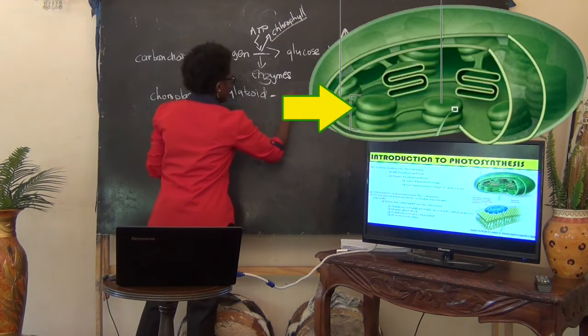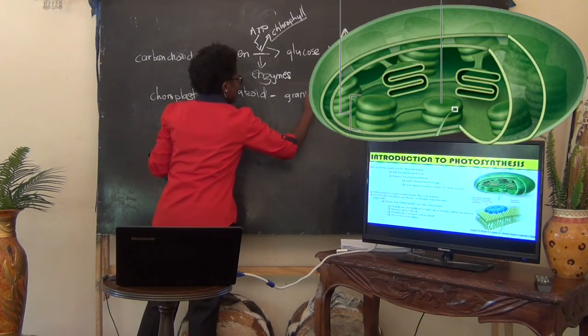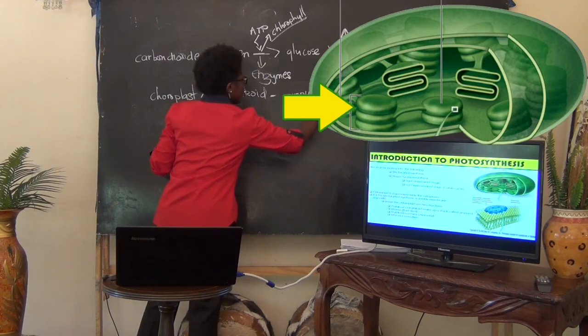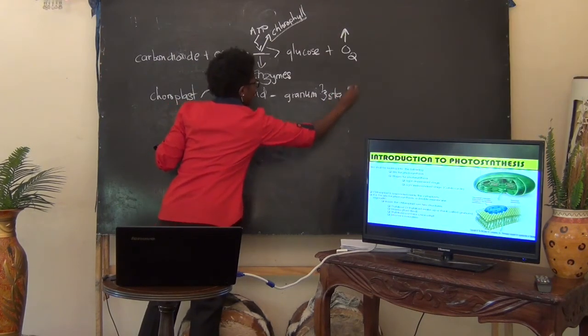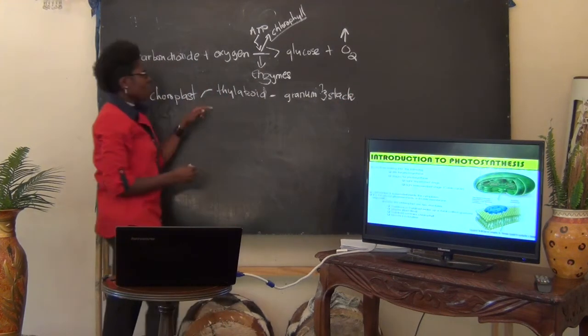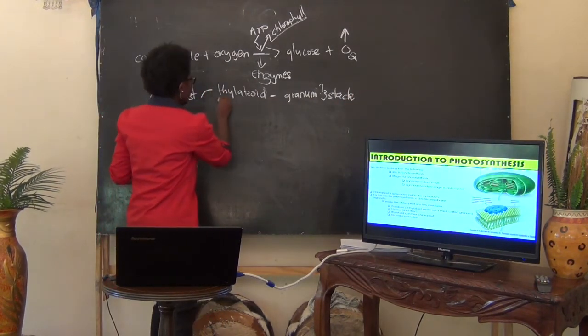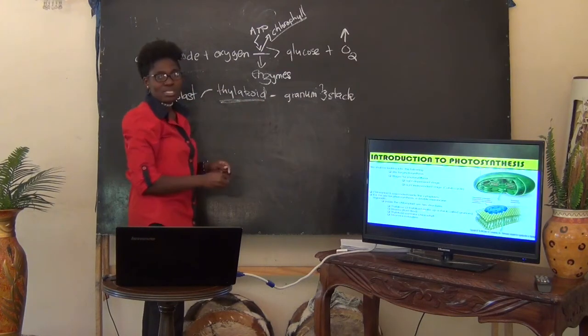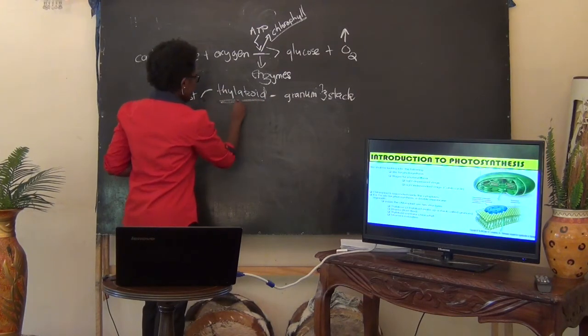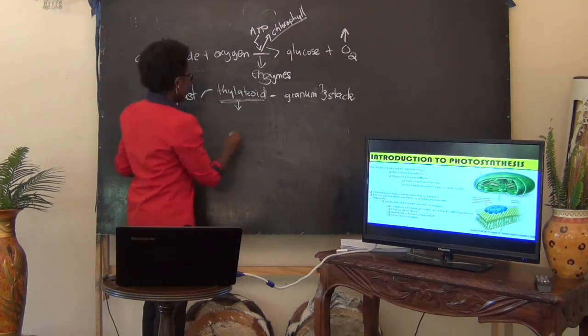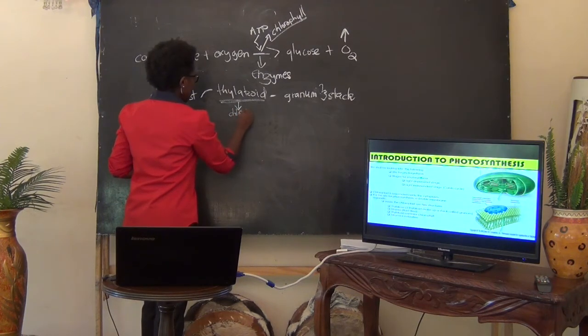They make up what is known as a granum, and this is a stack. And your thylakoid is the interesting guy that we would love to talk about as far as photosynthesis is concerned, where you find your green pigment, which is your chlorophyll.